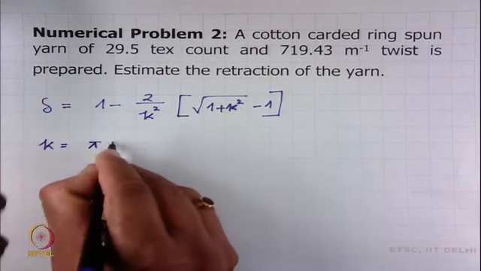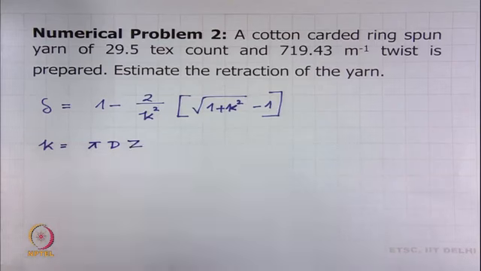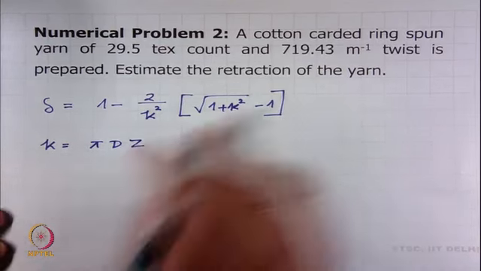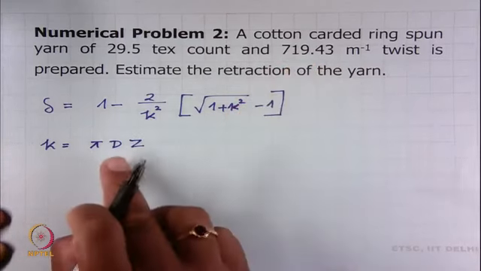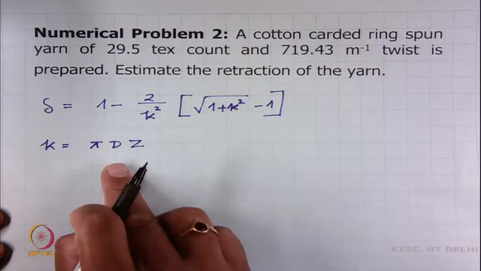Kappa is pi d Z. Twist Z is given as 719.43, d is not given, so we need to calculate d.